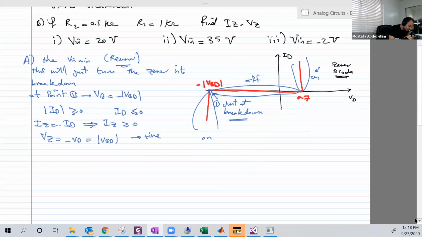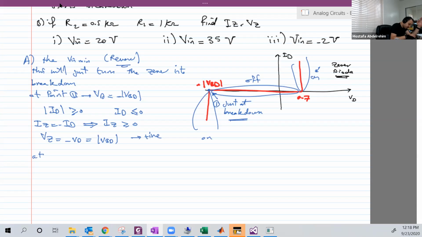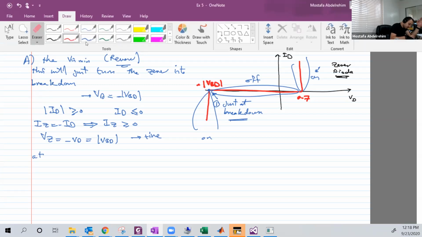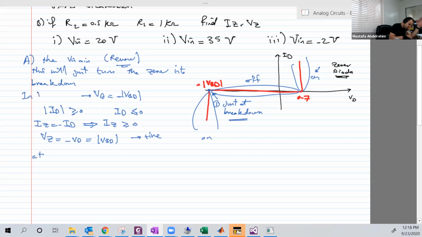That's very good. Now we want the input voltage minimum that will just turn the Zener into that operating region, in breakdown.